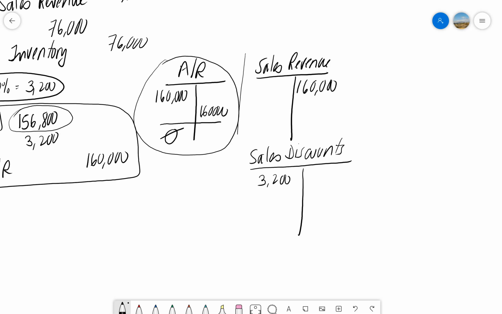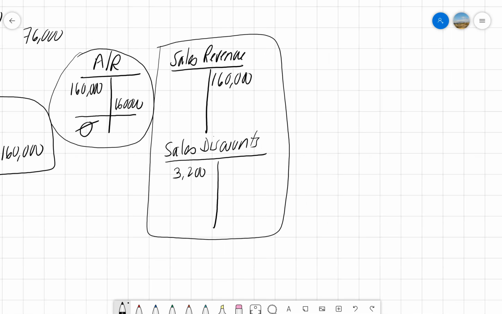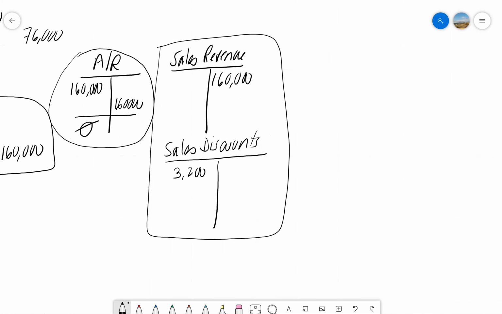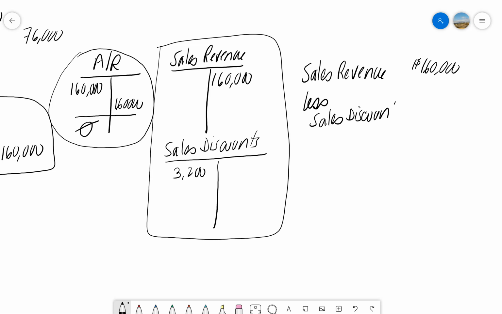But because these two accounts are connected, what we'll show on our income statement is our sales revenue less our sales discount. So on our income statement now, we're going to have sales revenue of $160,000, and then we'll subtract our sales discount. And remember we said we might have sales returns and allowances as well. Let's just put that down here.